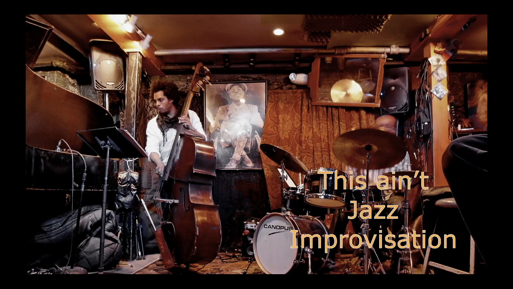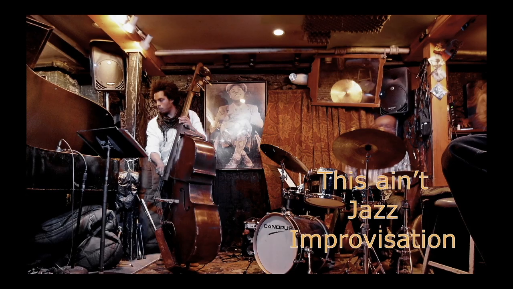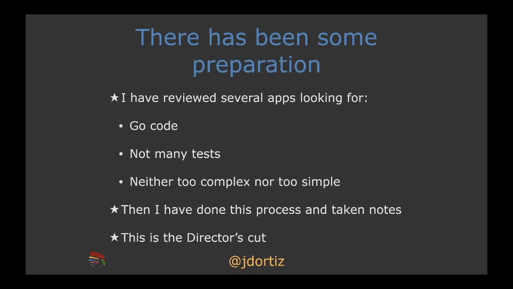I have already reviewed a few code bases, and I was looking for something that was obviously using Go, that didn't have many tests, but that was at the same time neither too complex nor too simple. So it had some business logic, it had some things that it was doing, but it was not too complex, so you can understand this pretty easily and then follow the explanation even if you haven't seen this code before.